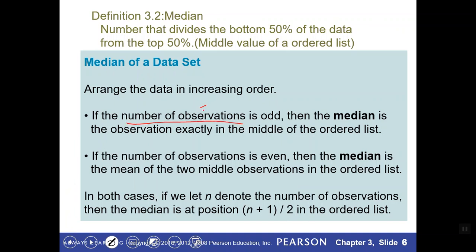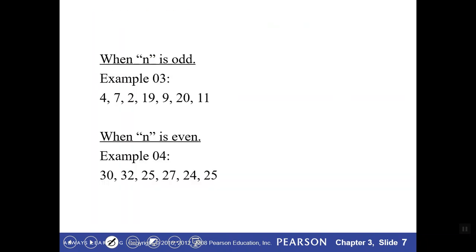If I consider the number of observations to be n, then (n plus 1) divided by 2 gives me the median position. This is not a value, this gives us the position of the median value. You have to locate that position and take the value. I'll explain it more in this example.